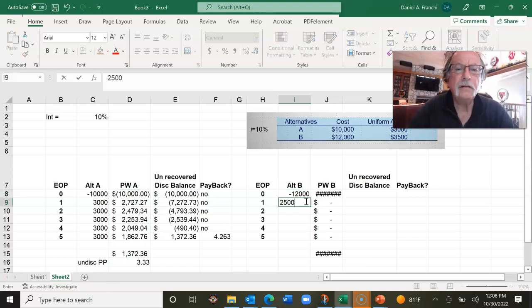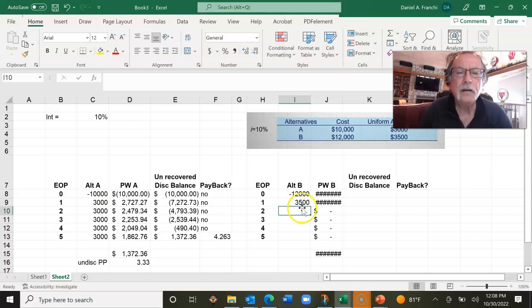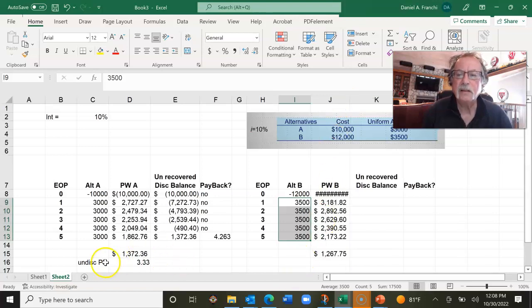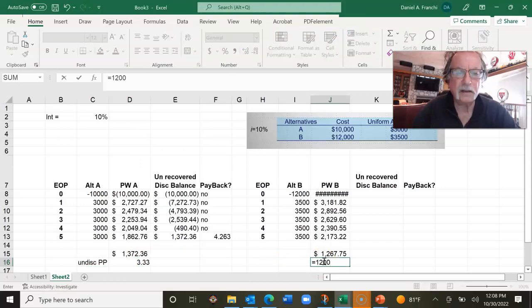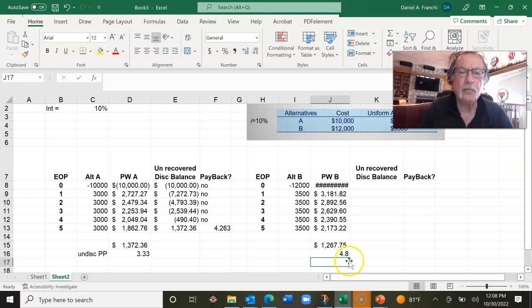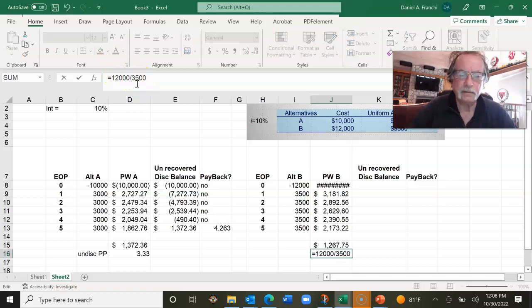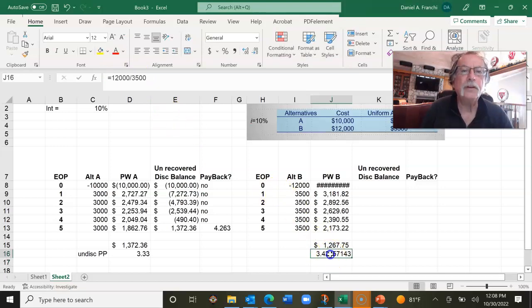We're going to have 3,500 per year. It's got a present value of 1267. The undiscounted payback is going to equal 12,000 divided by 3,500. That doesn't seem right, 3,500, not 2,500. 3.4 years.